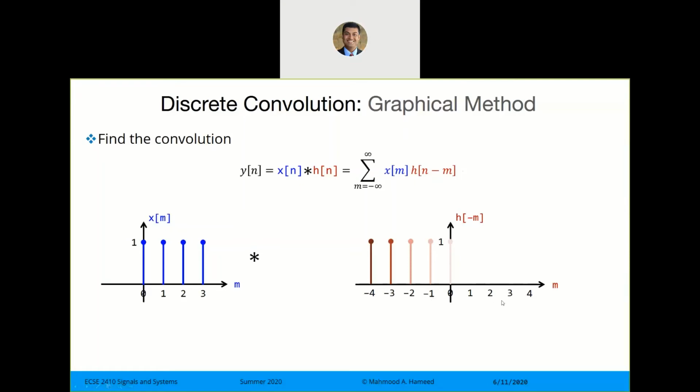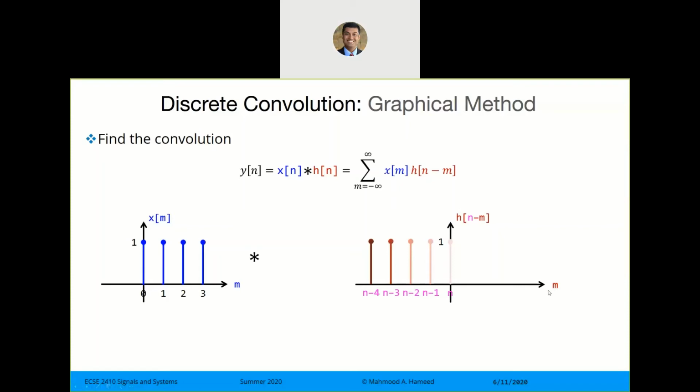What would happen to those times when you go from h of minus m to h of n minus m? Well, everything will be added, right? n will be added to everything. So that's the next step. So 0 became n, -1 became n minus 1, -2 became n minus 2, and so on. And then we got h of n minus m.